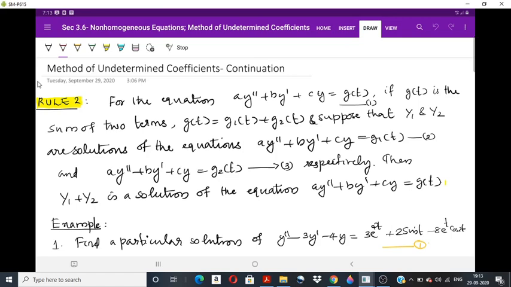First we go through the second rule for doing the undetermined coefficients.